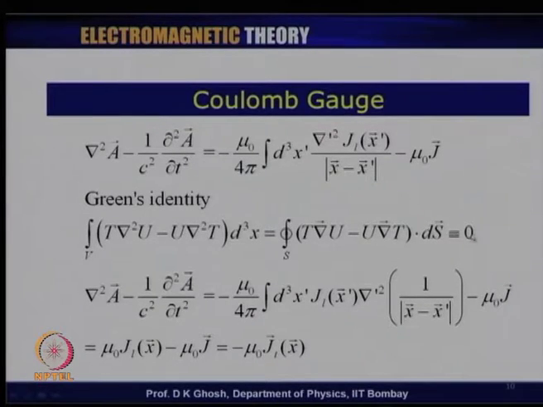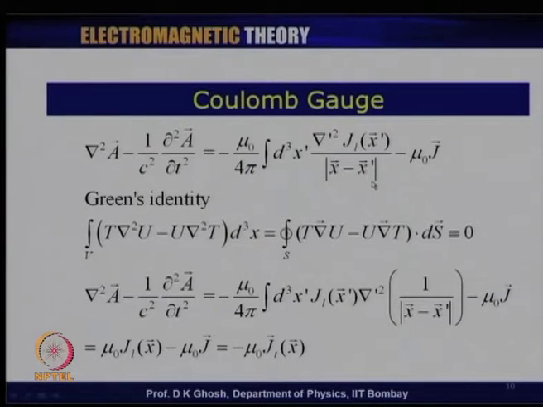And this surface integral, because my choice of these scalar functions will be the current and in this case the distance 1 over x minus x prime, all these surface integrals will be 0. So, in other words, what I get is integral of t del square u is equal to u del square t, which means that del square j l by x minus x prime is same as j l times del square of 1 over x minus x prime.